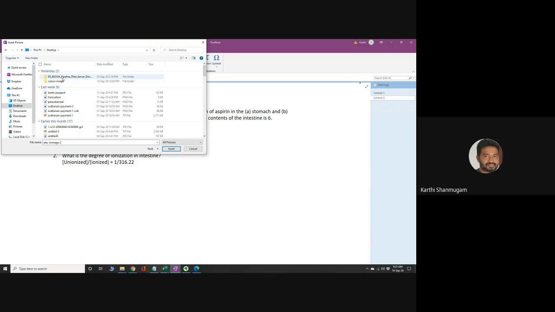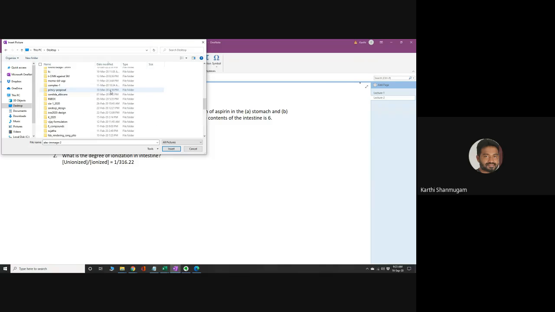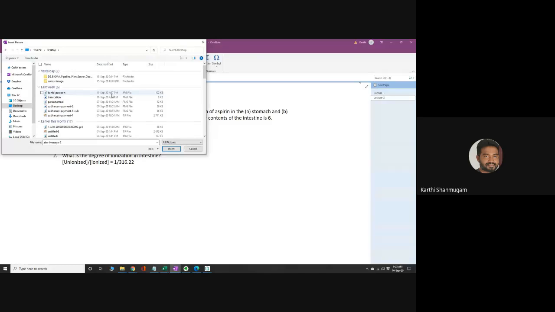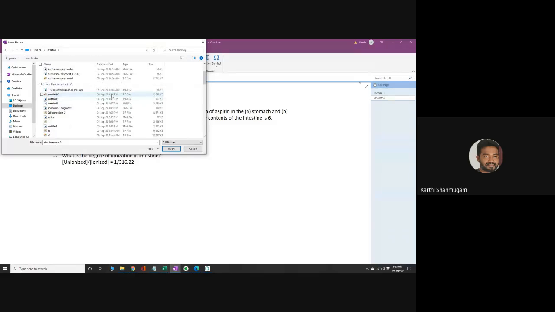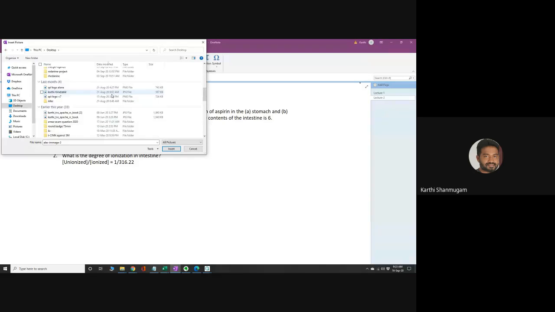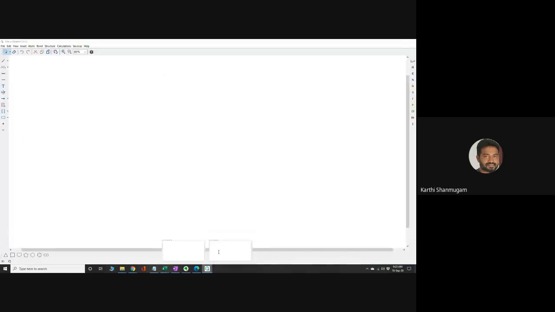Okay, aspirin. Go to structure, name to structure, and type aspirin. Right, so I got the structure of aspirin. This is the structure of aspirin.